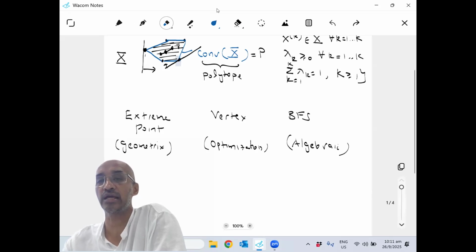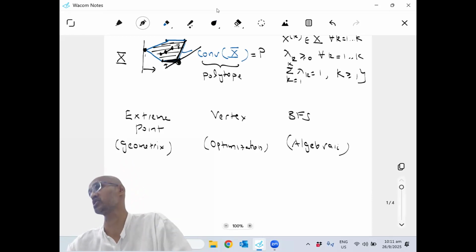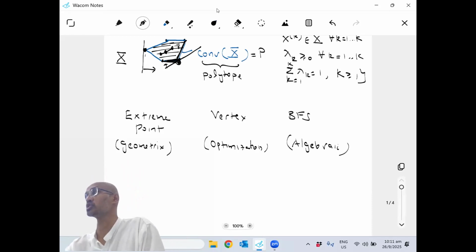It's satisfying all the constraints. At this point, this constraint and this constraint are active. Two of them are active and they are linearly independent because if you solve for these two equations, you will get this point to be the unique solution.